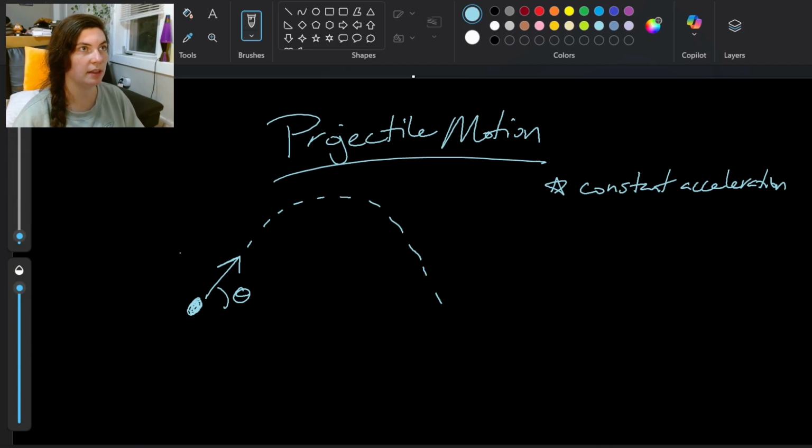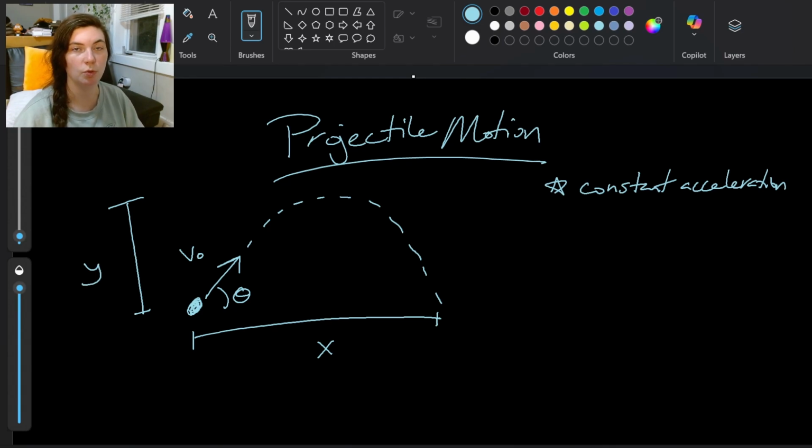So generally you have something that has some initial velocity. It's going to leave at some angle, and then you have these distances x and your height y. We're usually using some kind of xy coordinate system with these projectile motion problems. With this, our constant acceleration is always going to be subjected to gravity. So we have that constant acceleration, g.